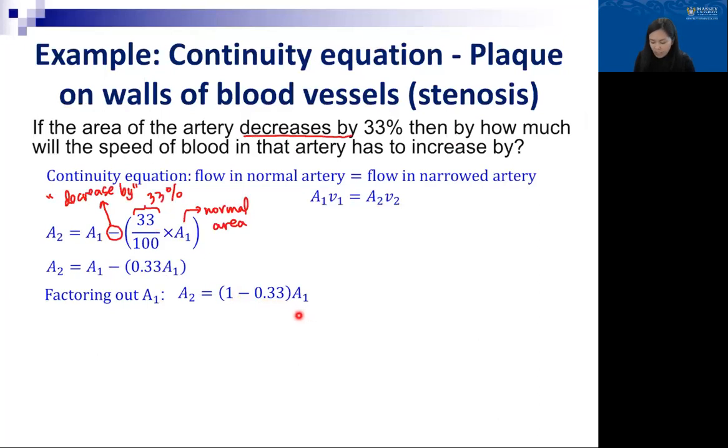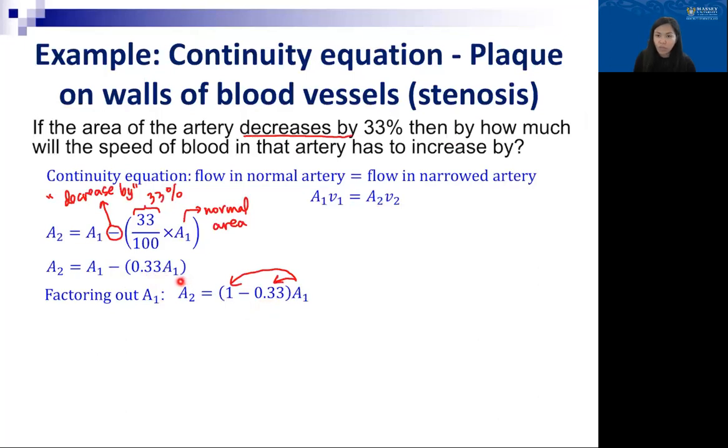Okay, so this mathematical trick or rule tells us that if you're multiplying something to a bracket, then you multiply that thing to each term in the bracket. So if you multiply A1 to each term in the bracket, then you should be able to reproduce the original equation. You have A1 times 1 is equal to A1, minus A1 times 0.33 is equal to 0.33 times A1.